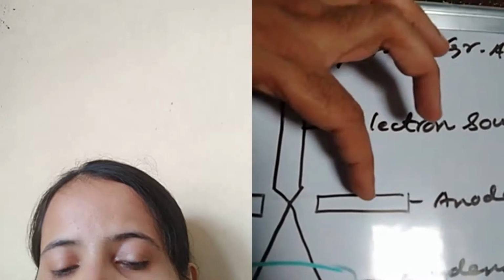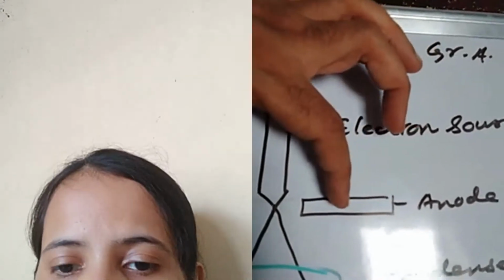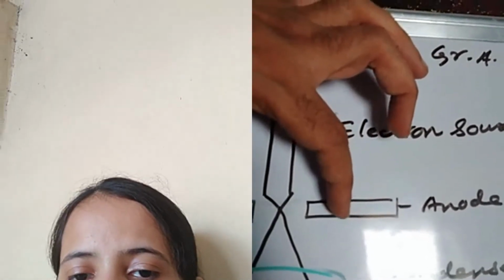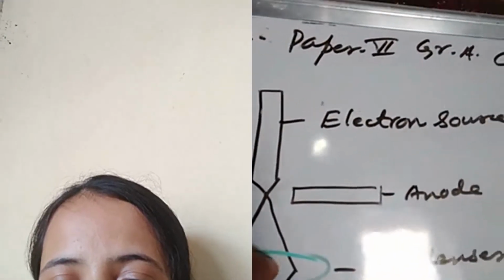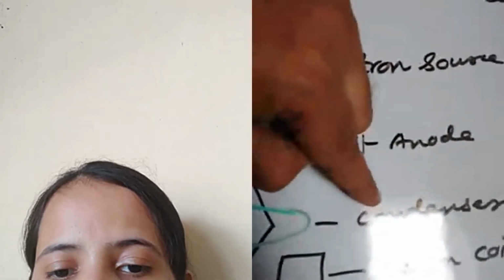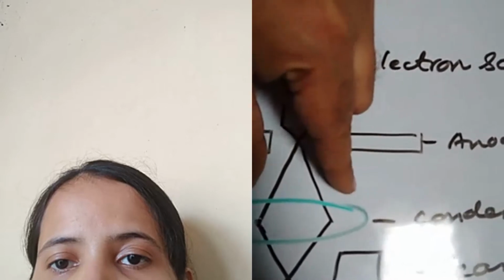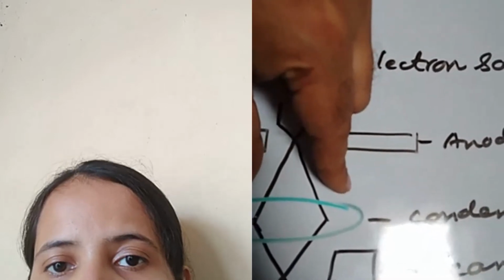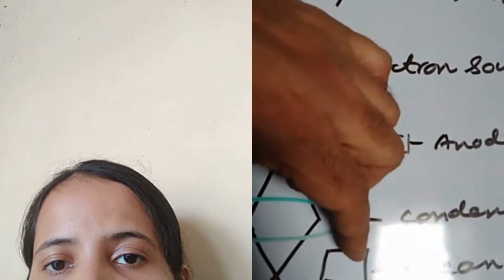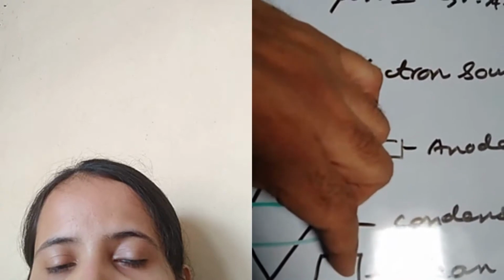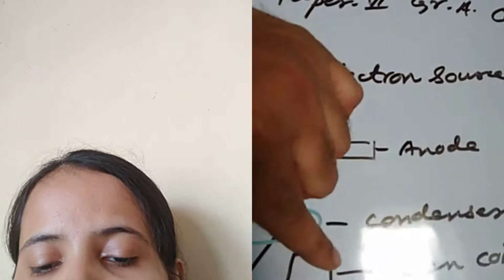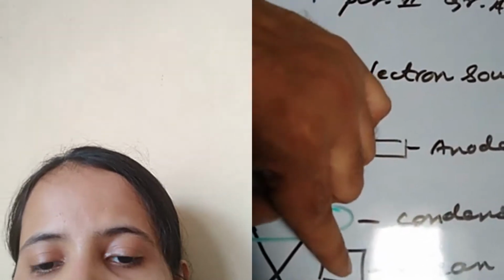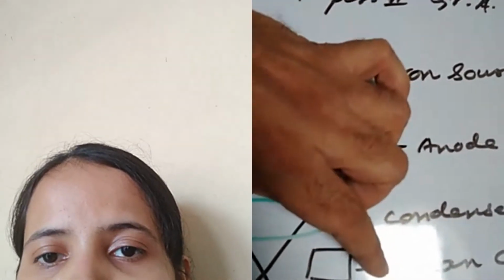These two structures represent the anodes used in the electron microscope. The circle drawn here shows the condenser, and these two structures are representative of the scan coil.